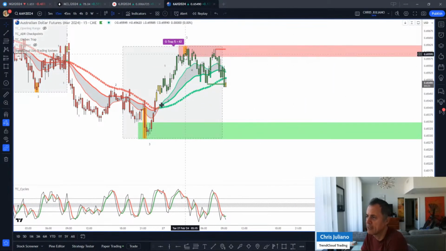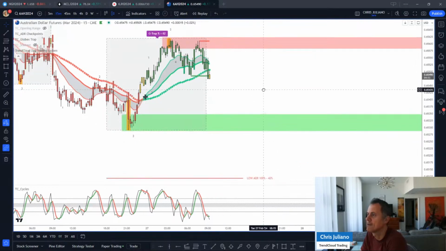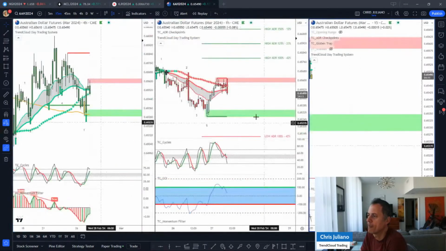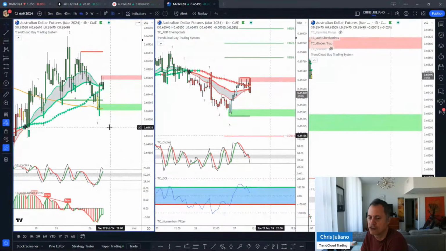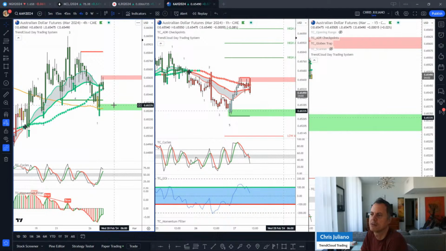All right. So again, that's just one observation, right? Now let's start adding. You've got to start adding to it. And make sure that you've got everything: trend, momentum, cycles, support and resistance, supply and demand.